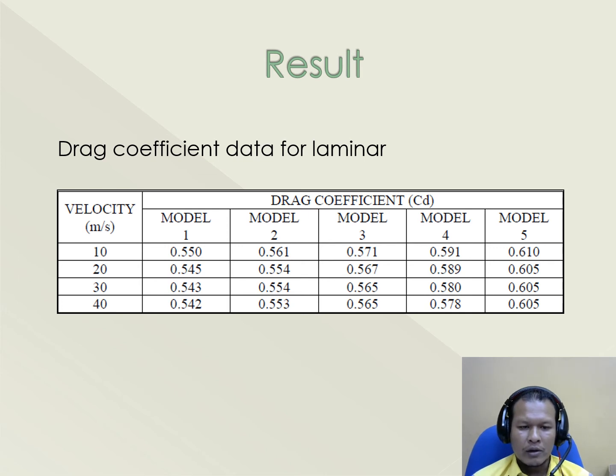This is the result that we get after running the Fluent software. This is the CD data for laminar analysis. I can show that at the highest velocity, 40, we get 0.542 CD for Model 1, with 200 millimeter ground clearance.